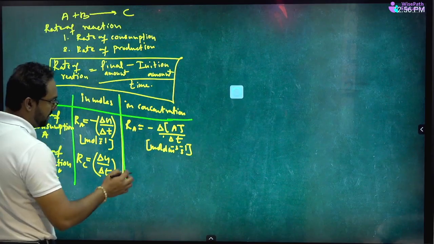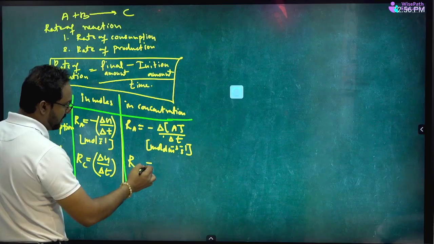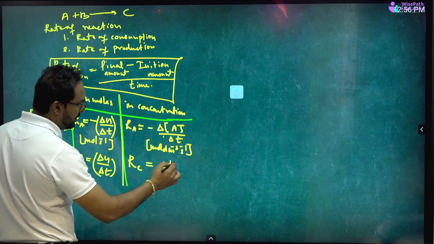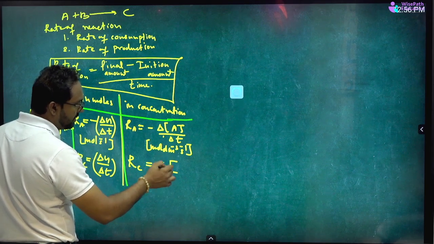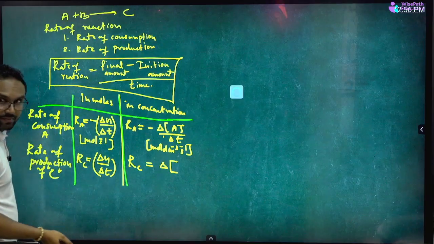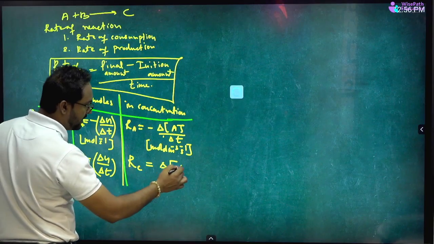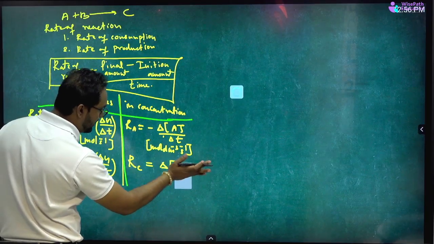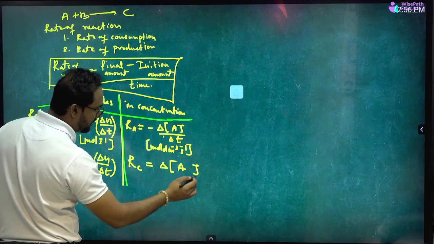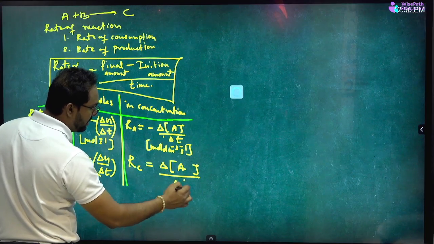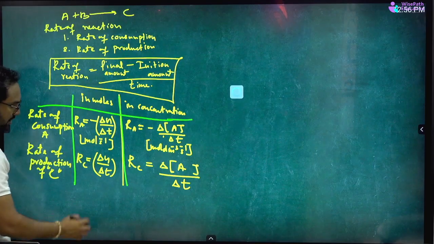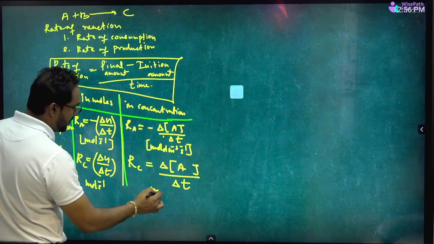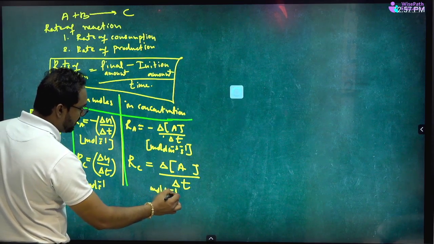And if it is concentration, the concentration difference of C, concentration is always in square brackets, divided by delta T. This is again mole per second. This is mole per decimeter cubed per second. Correct?